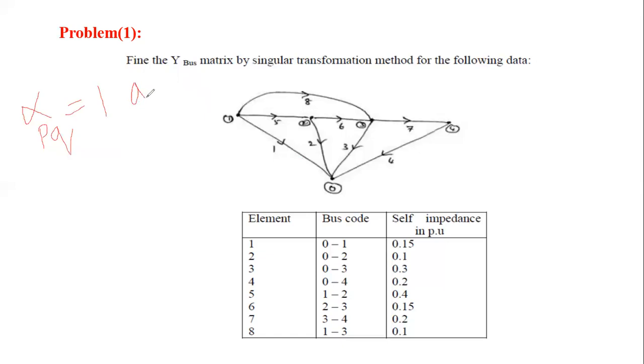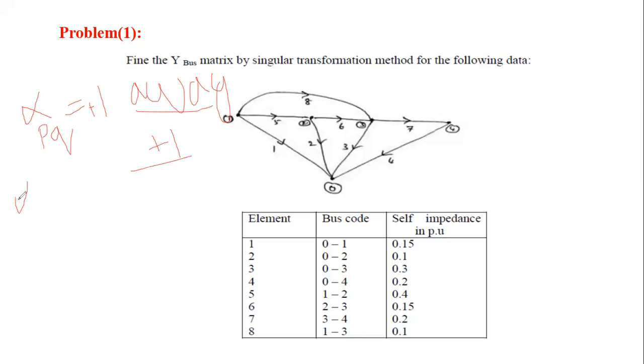Away means it is represented as plus 1, positive 1.